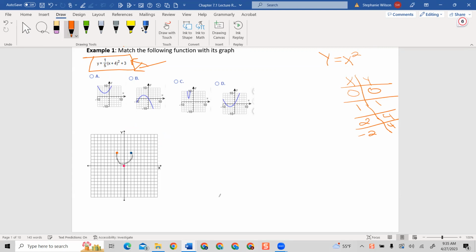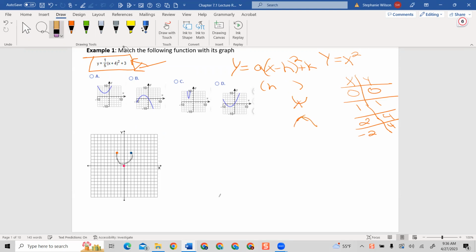This particular function's formula should be y equals a, and you can use an uppercase A or a lowercase a, times x minus h squared plus k, where my h and my k will be the vertex of the parabola. So what am I talking about, the vertex? Of a parabola, it would be this point.